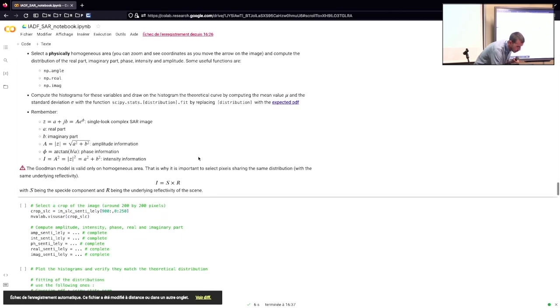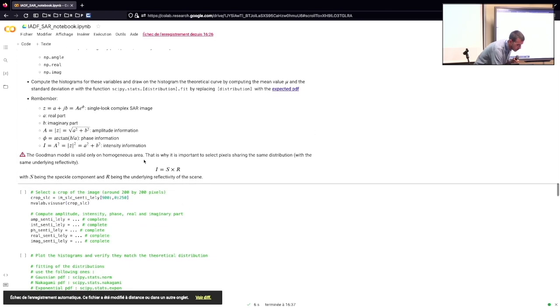I am recalling here that the intensity is defined by Goodman as the product between the speckle and the reflectivity, where the reflectivity is the information that is coming from the scene. And the speckle is given by the fact that within a resolution cell you have many scatterers that you cannot distinguish because they all fall within the same resolution cell.